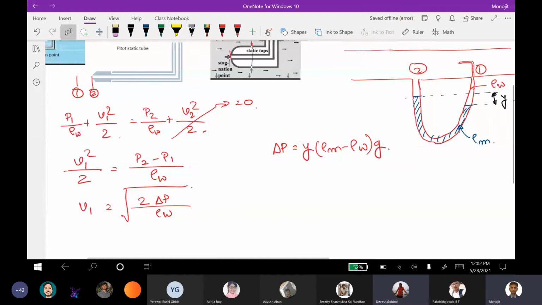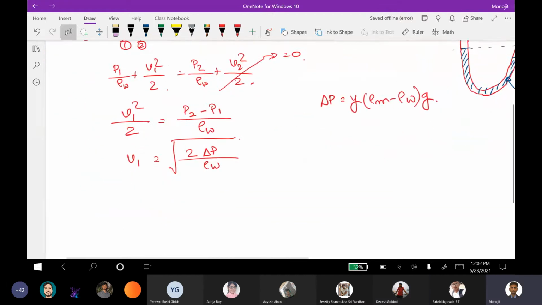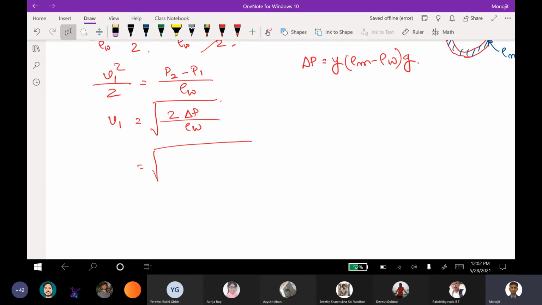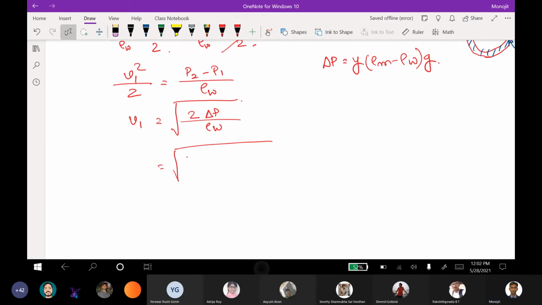So let us now replace this delta P here in terms of the measurable quantity. Don't go by the calculation that is given in the manual. Those things are not right. So let's replace this: 2y (rho manometer minus rho water) into g divided by rho of water.